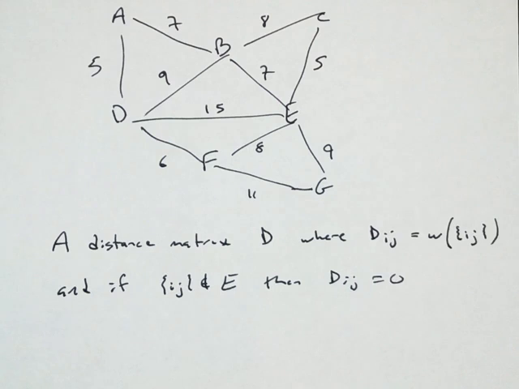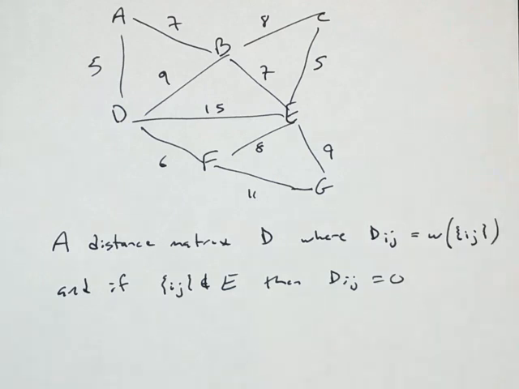You know what? You zeroed the wrong number. Let me think on this for a second. If there's no edge, I can't get there in one step, right? If I write a 0, it seems to me that that makes that edge free, doesn't it? Free is always cheap, isn't it? That's not a good thing. Let's change that symbol. Instead of 0, make it infinity. We want that weight to be really, really big because we're going to try and select low weights.